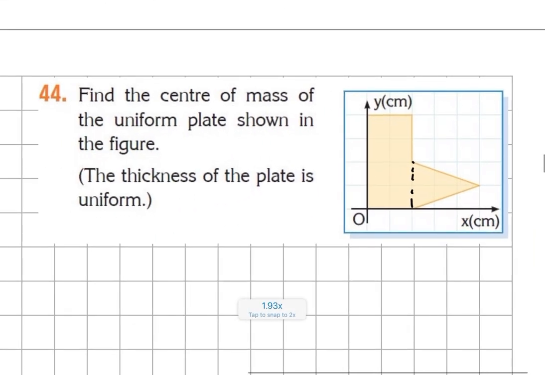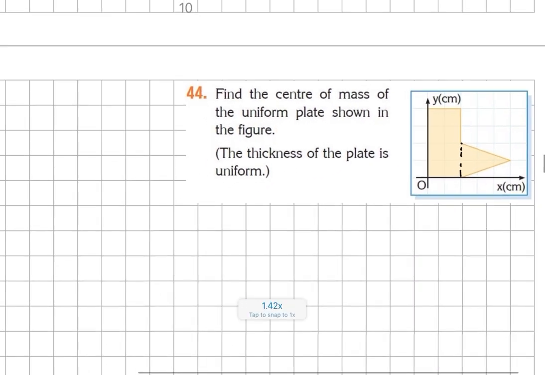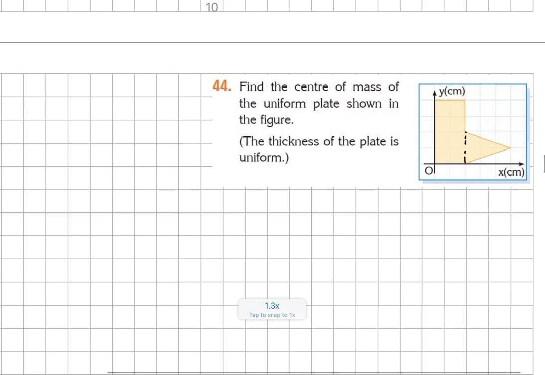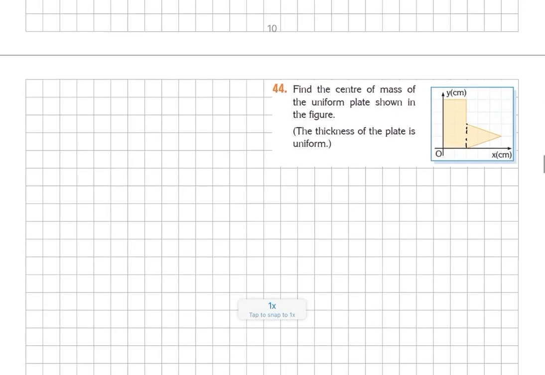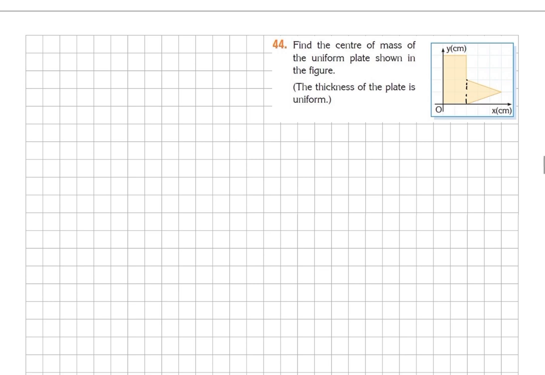First step, we have to find their masses, but mass is not given, but we can show it as the area, because area is directly proportional to its mass. Yeah. So we have rectangle.